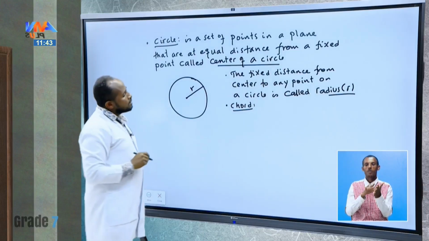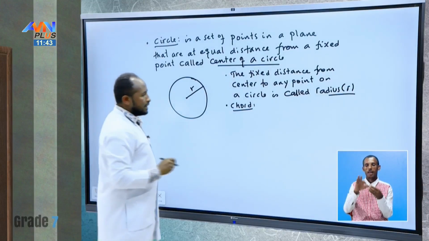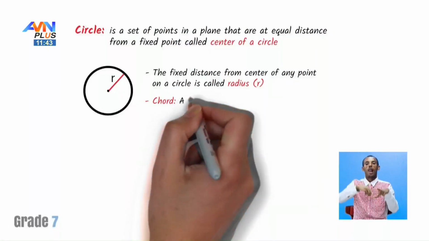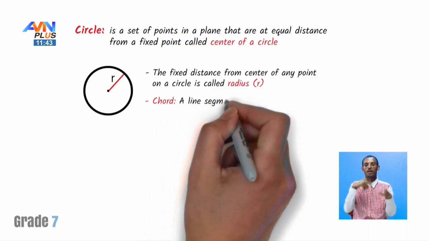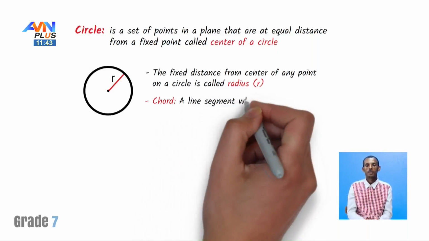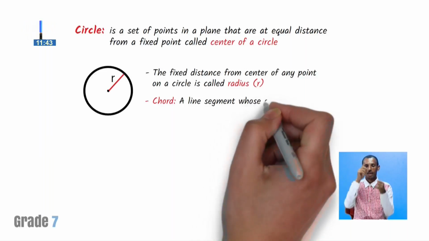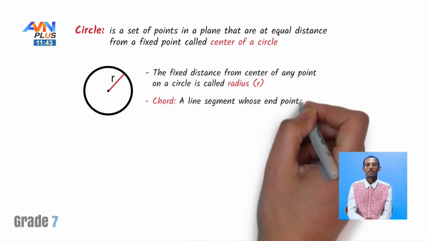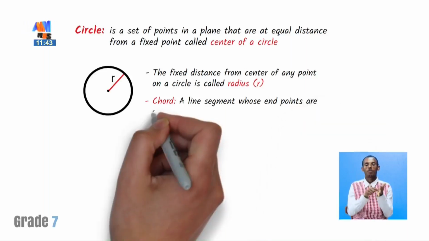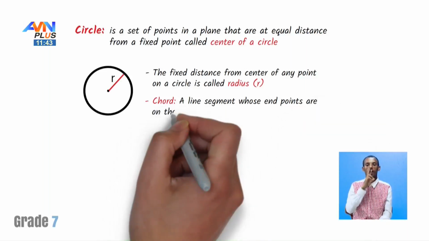So chord is a line segment whose endpoints are on the circle.